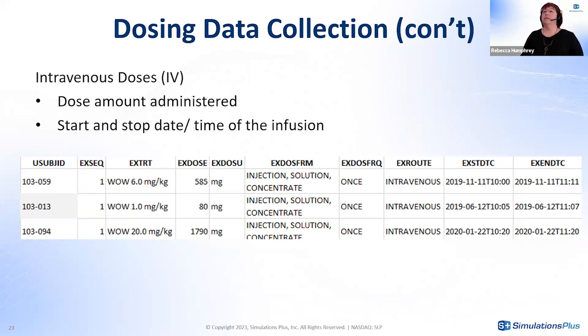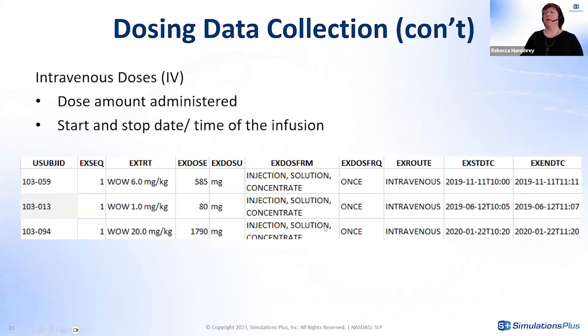The next example I want to discuss is IV dosing. There are several pieces of information that are used in PK/PD modeling for IV dosing. Not only is it the accurate dose amount administered, but for IV dosing, you need to know the start and the stop time of the infusion.